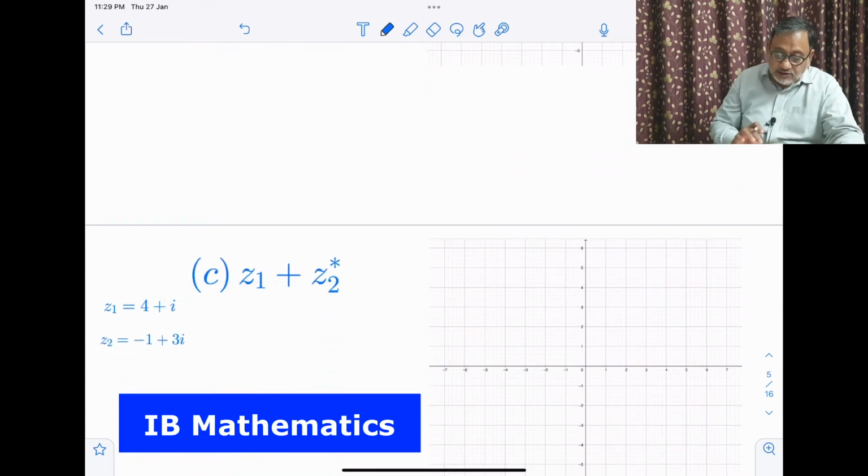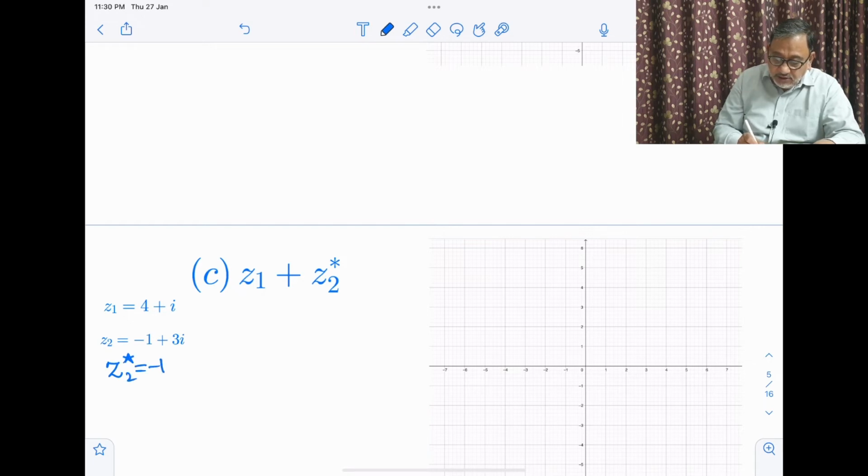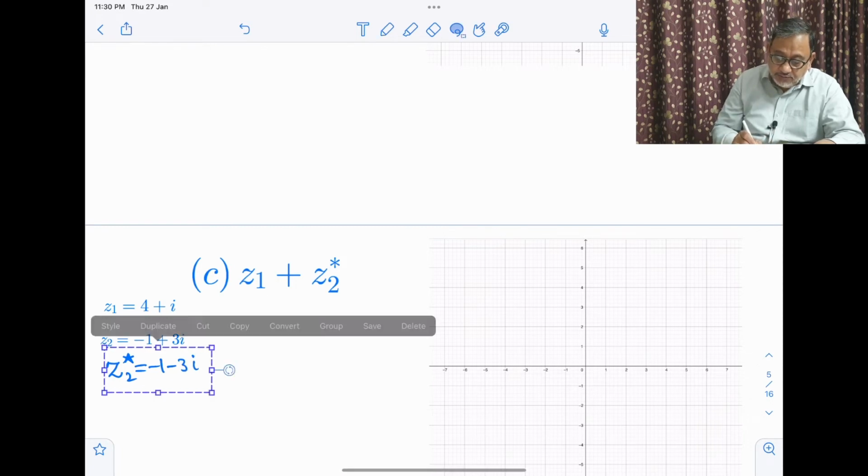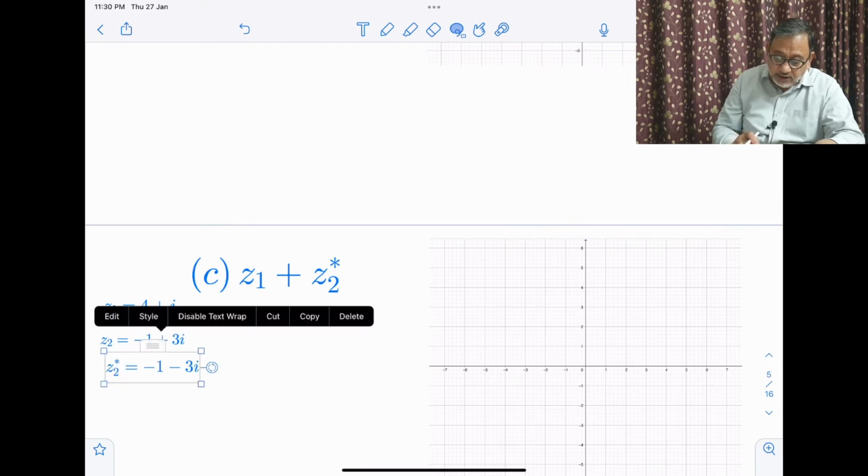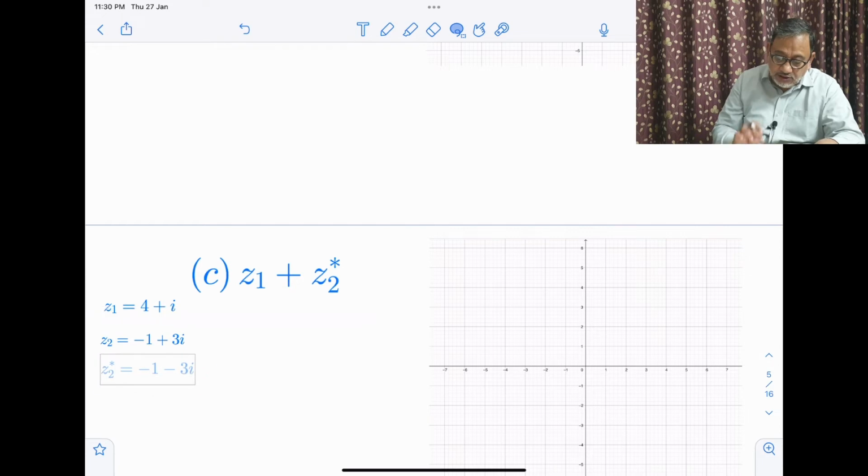Let me find z2 conjugate, because we have to use z2 conjugate here. So z2 conjugate will be real part as it is, the imaginary part will be negative 3i. Okay, so this is z2 conjugate. I hope you understood how I found the z2 conjugate, right?